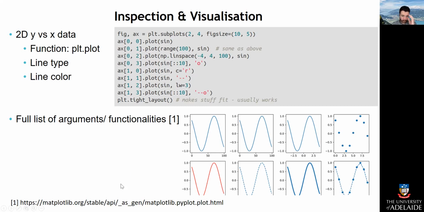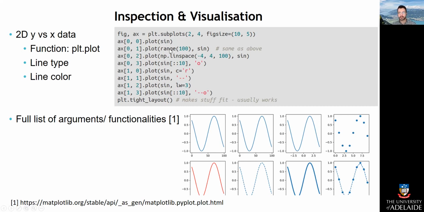There are a few different arguments. The full list of arguments you can see at the following link, but the most important arguments are, of course, x and y. If you only pass a single argument to it, it will assume that's the y, because it can figure out the x range based on the number of samples in the y array or list that you have provided.